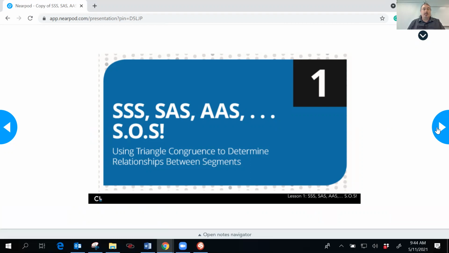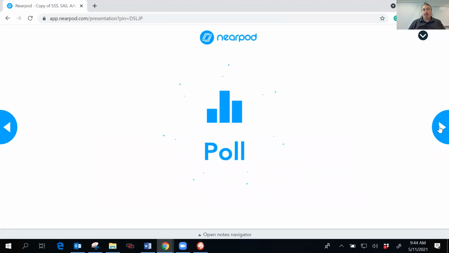Using triangle congruency to determine relationships between segments. I'm going to flip back and forth through this Neuropod and the DocCam. We're going to work out a few of these, but let's start out with a poll.